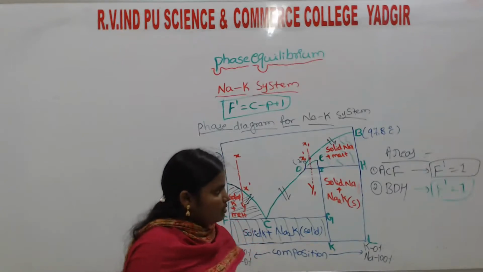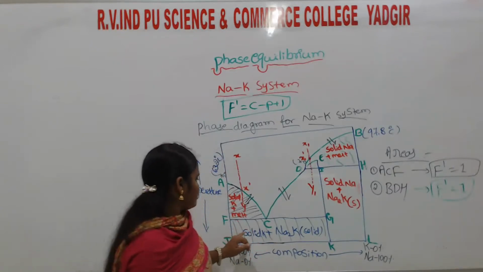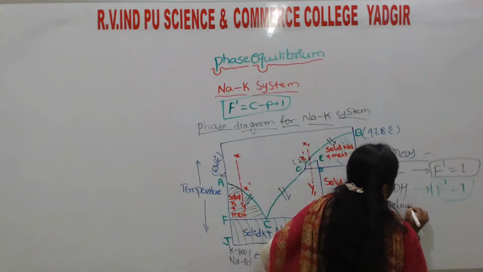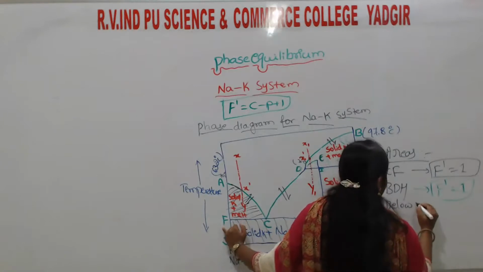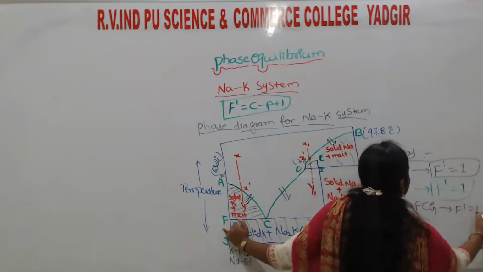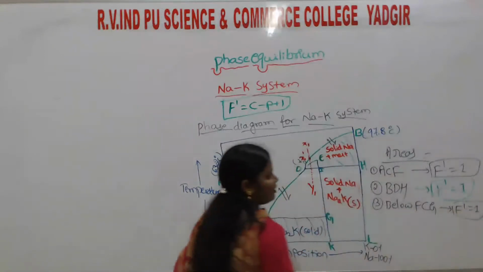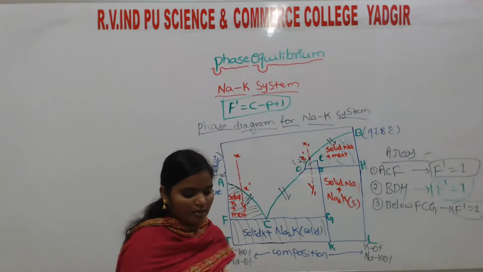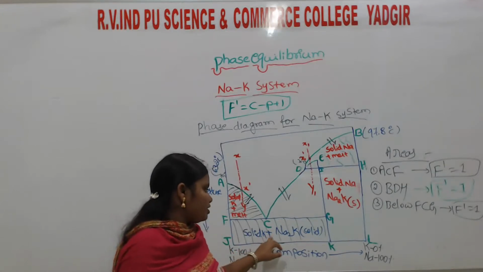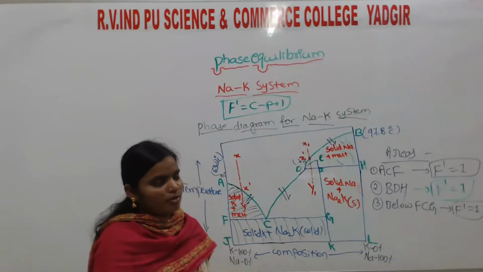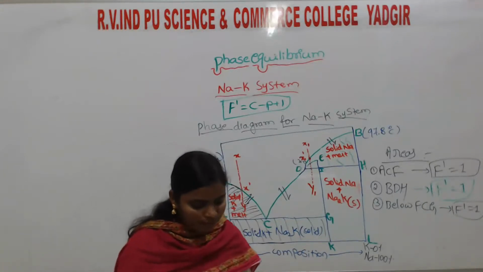On the right-hand side, below FCG, here also F dash is equal to 1. The degree of freedom is 1. This is univariant, or monovariant, in nature. Presence of one is solid K and another is solid Na2K, solid sodium potassium.